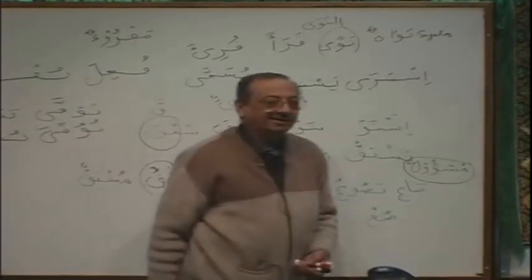Remember this, brother. Sometimes we will be able to analyze it in a very, very nice way, in a very perfect way, inshallah. And then ishtari, how will you define ishtari? Fi'lu amrin mabniun ala hadfi harfi illa. Very good, brother and sister.